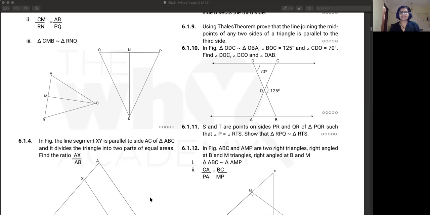Ma'am, we can also do it using alternate interior angles, OCB. Sorry, OCD we will get. Then OAB will be the same. For alternate interior angles, these two should be parallel. They look parallel, but it's not given anywhere, so you can't say that. Similarity is given, so you can use that.